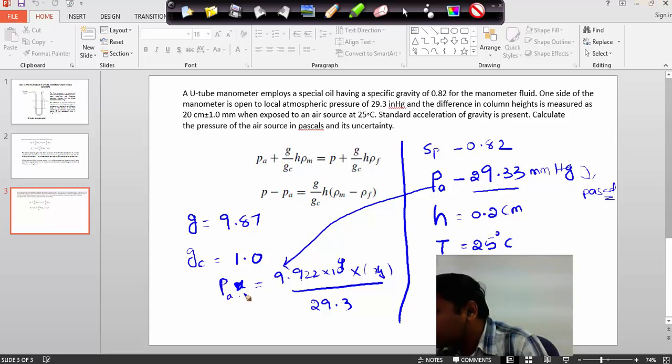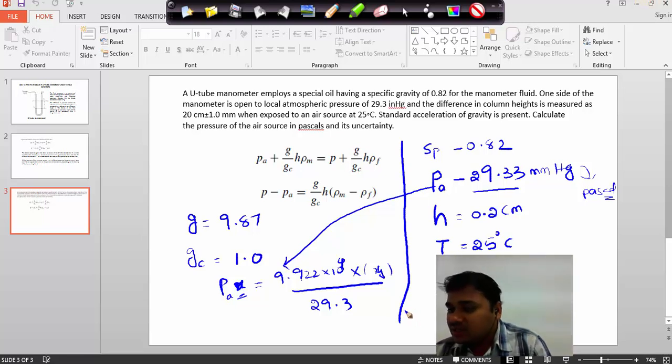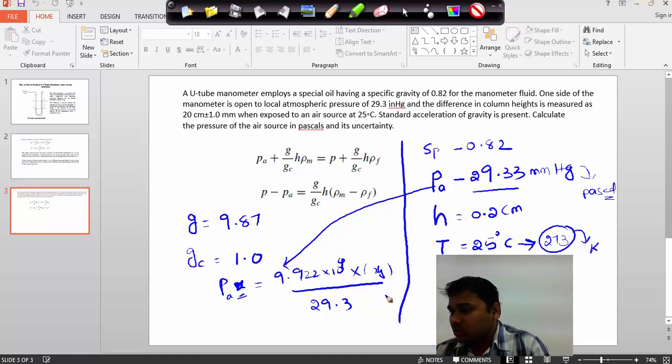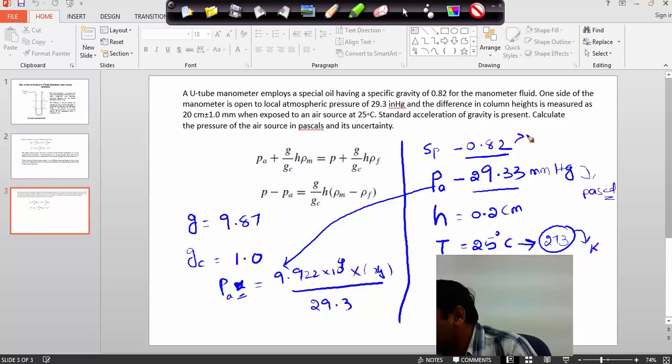So if we want to convert mm of Hg to pascals, we should use this formula: pressure PA in pascals. And another term we need to calculate is, we need to convert this temperature degree centigrade into Kelvin. We know already how to change it. If you add 273, it will automatically convert into Kelvin. So the specific gravity, that's rho m, can be easily found by using rho m is equal to specific gravity of the fluid into the density of the water.